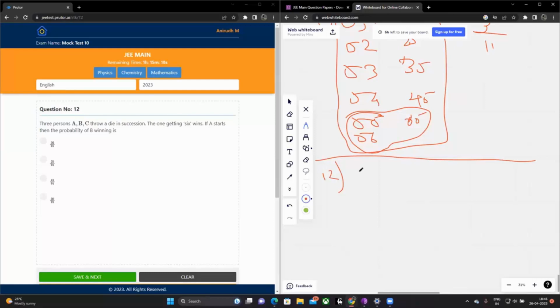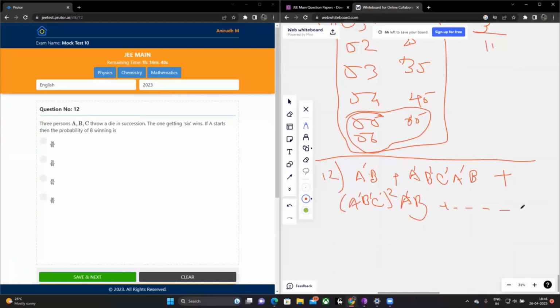So the probability of B winning is basically A losing, A dash into B, or it is A dash, B dash, C dash, A dash again, and then B winning. Or this cycle continues. Basically, you repeat this sequence twice, A dash, B dash, C dash twice, and then A loses again and B wins.